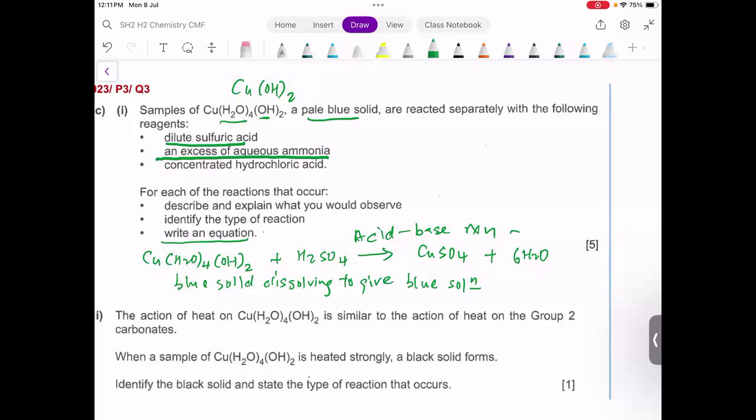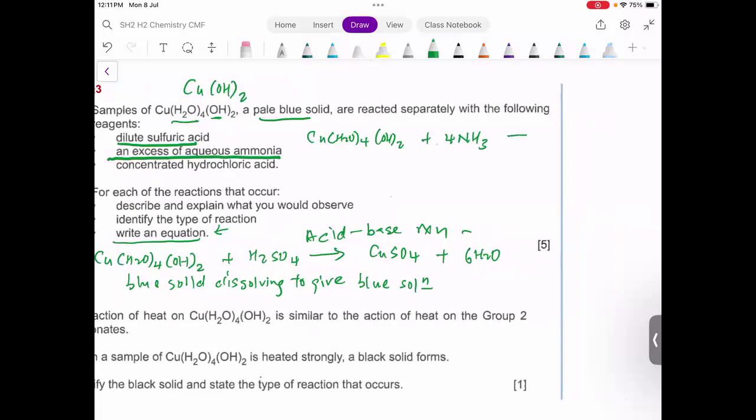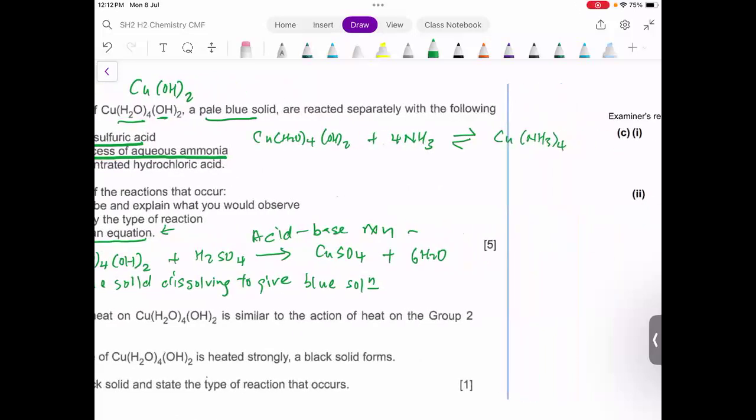Writing an equation to represent that ligand exchange: copper, H2O for OH2, plus 4 ammonia. And if it's a ligand exchange, reversible arrow, remember? Then you have your 4 ammonia going in, then your 2 plus.